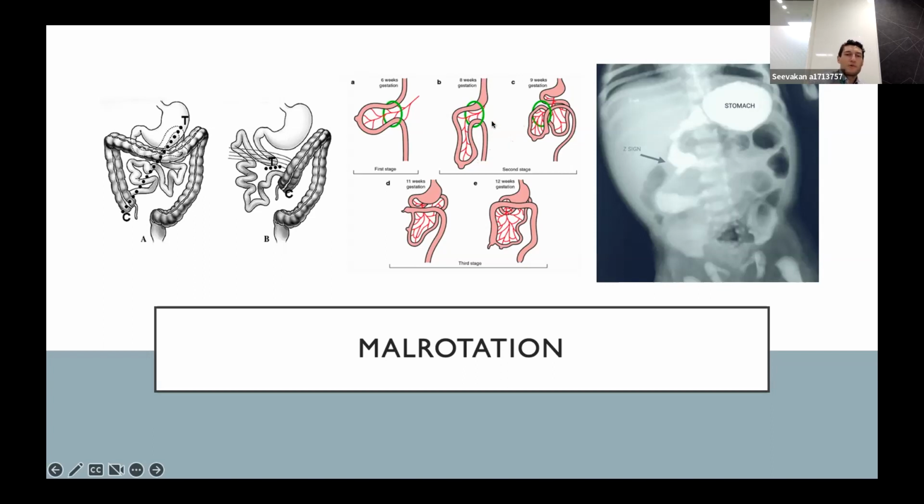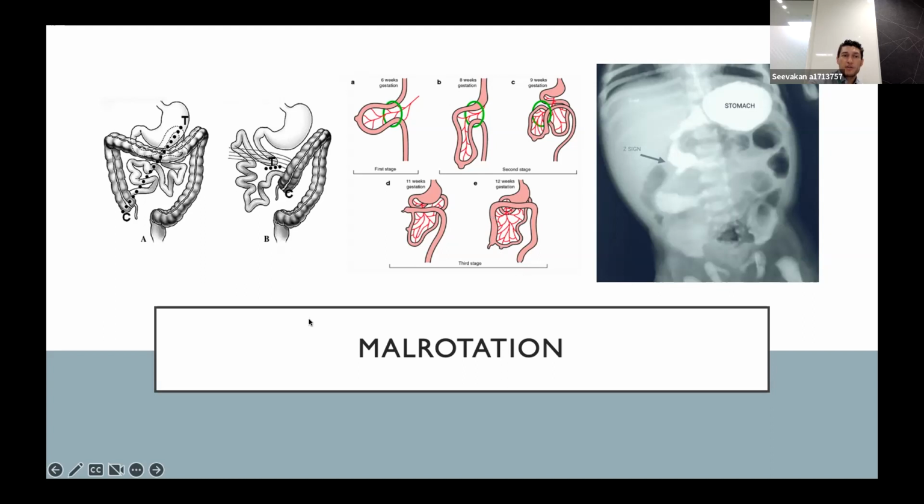You don't have to remember whether it's clockwise or anti-clockwise, since that depends on whether you're the baby or the person looking at the baby. Essentially, it undergoes 270 degrees of rotation, and so you can see how a straight tube ends up being the normal configuration.